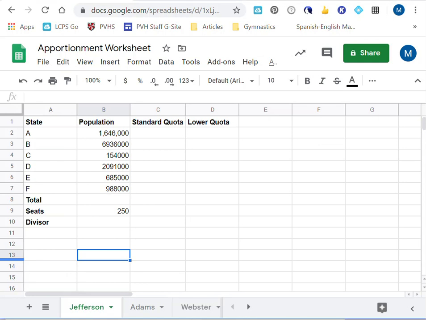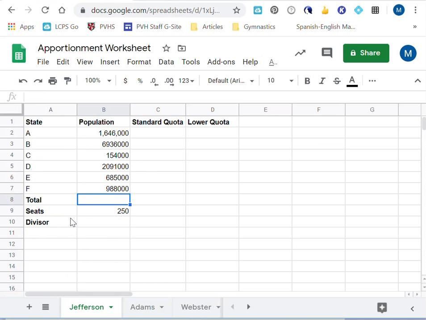Right now, all I have is the exact same information that was on the slide. The states, the population, and I know that in total we have 250 seats in Congress. So, first thing we need to do is find the total population, which means I add up the state populations. You can do that by hand, or you can have the spreadsheet do it for you.